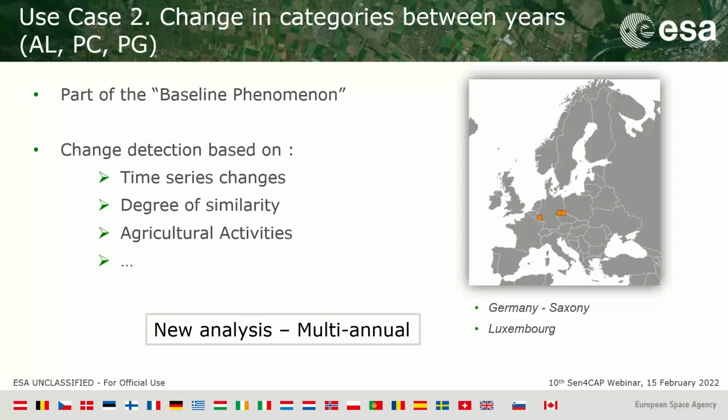And in order to tackle this use case, we will look at change detection in the time series of Sentinel-1 and Sentinel-2, and see if there is similarity between years or dissimilarity that can be detected, and also some agricultural activities that can be useful to observe the changes.